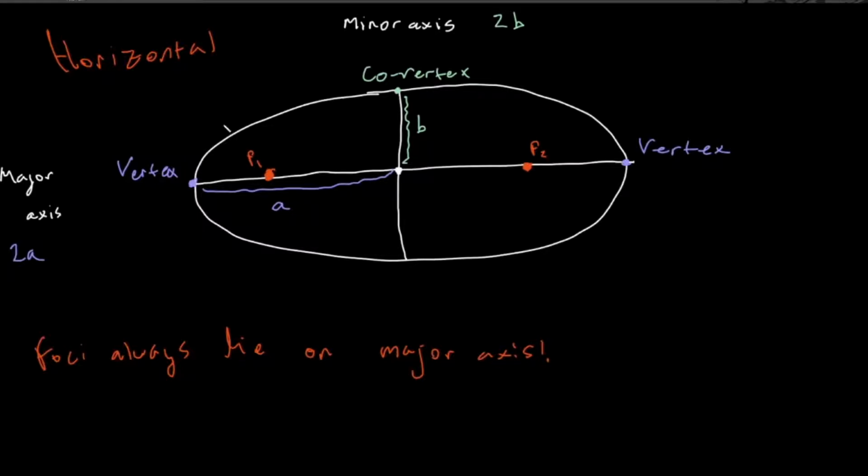Furthermore, this distance is A units as well. So notice, half of the major axis is A units, and also the distance from one focus to any point on the ellipse is also A units. These are the same length. So notice there's actually a triangle going on here, and by the way, the focal distance is C units.